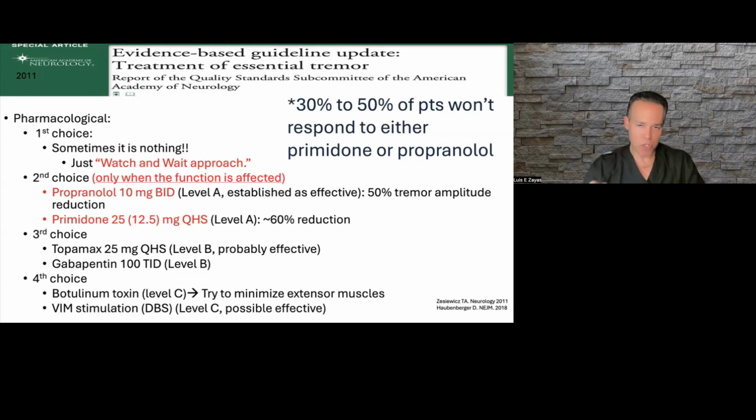And it improves the function, because that's another question: you can improve the tremor, but that doesn't translate into improving the function. Function is like eating, drinking, writing. So that's the key, the most important thing, because I can make the tremor look beautiful on the spiral. I can show you how with the Botox I can decrease the amplitude of the tremor, but that doesn't mean the patient is better at eating or writing.